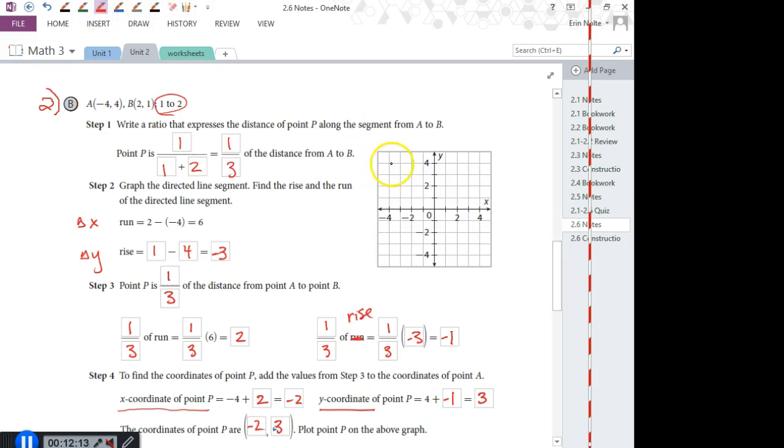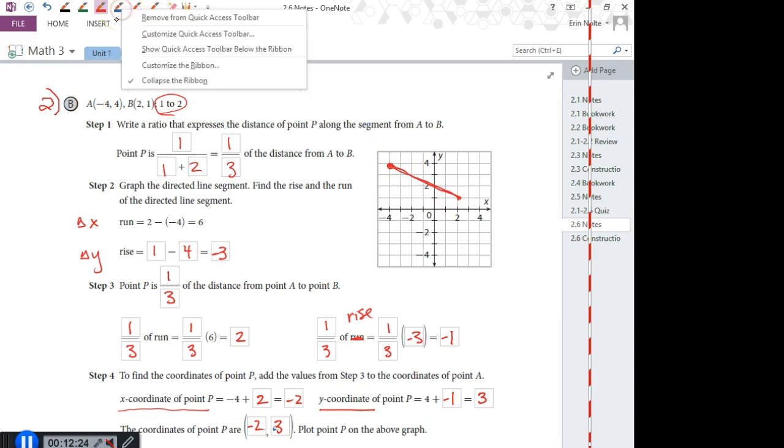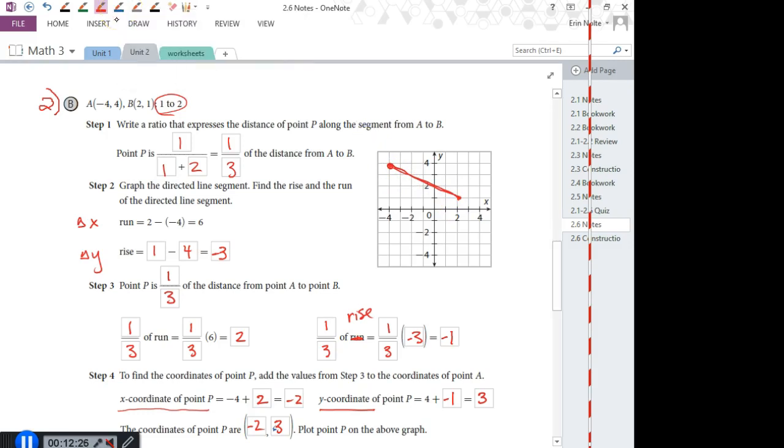Because Miss Nolte doesn't know how to plot points. 2, 1. Thank you for catching my mistake. Negative 2, 3. Well, that makes sense. There, that looks better. 1 to 2. It's on the line, yeah, that's good too.